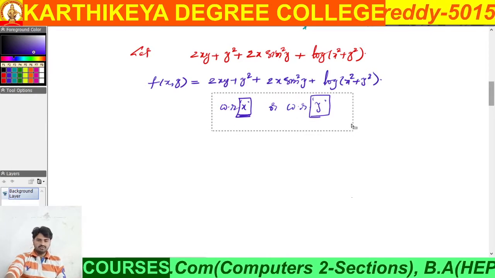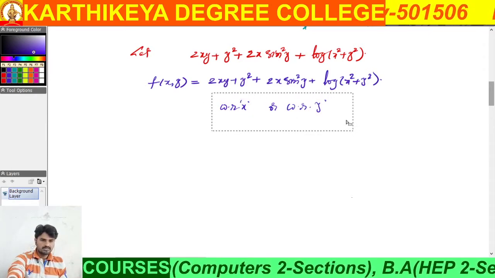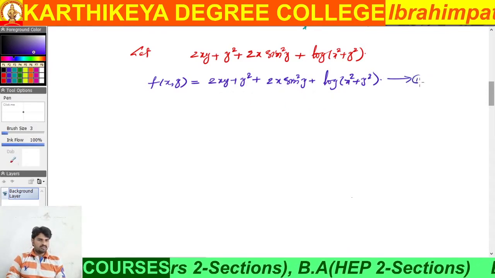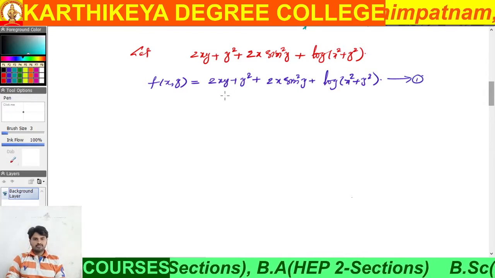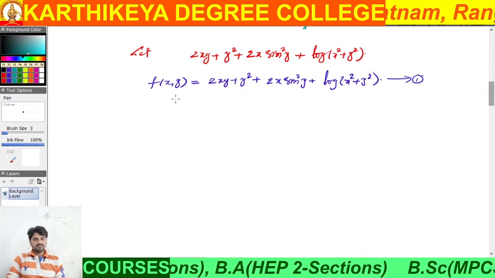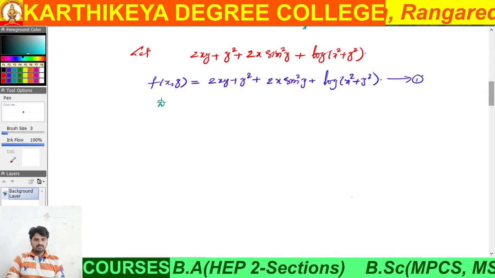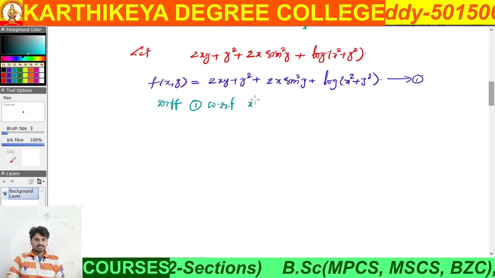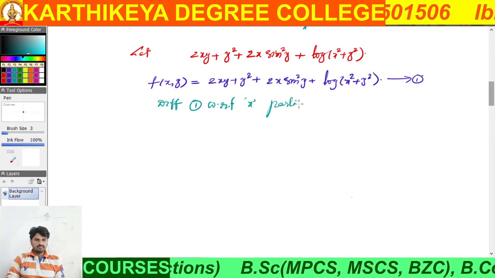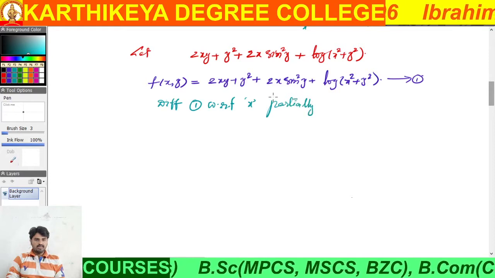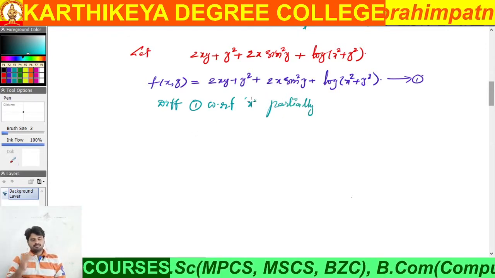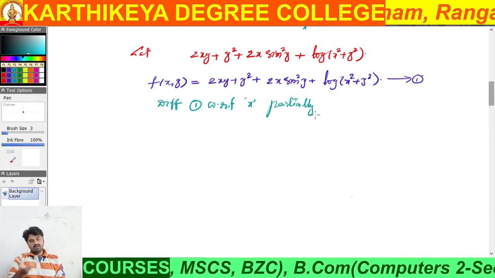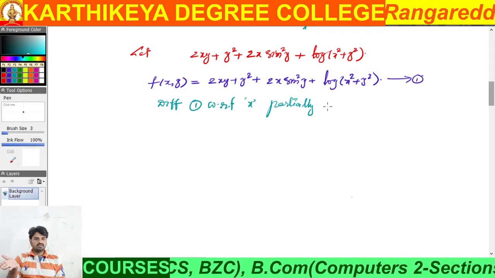Let me start how to differentiate this function with respect to x and with respect to y. Suppose this is equation 1. If you want to differentiate equation 1 with respect to x, we differentiate partially.